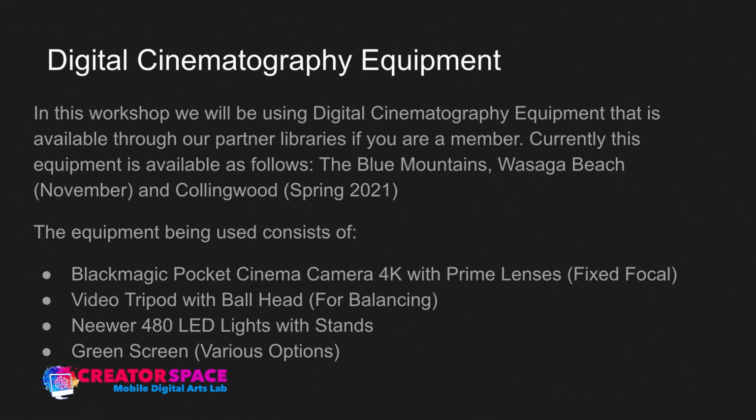We're using prime lenses, so fixed focal length, not zooms. Most of the cameras in this webinar are Blackmagic cameras, different versions of them, but the one we're shooting the green screen with is the Blackmagic 4K.